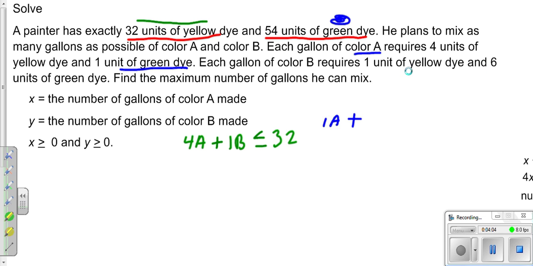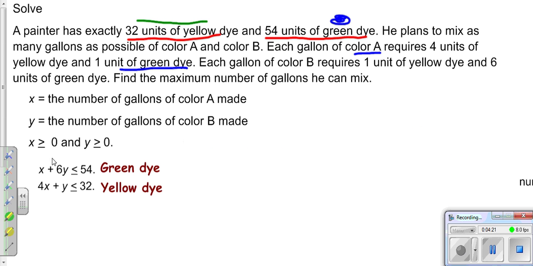And now we have 6 units for each gallon of B. Now this would tell us all the green that we have for the number of units. And that has to be less than or equal to what we have to work with, which is 54.